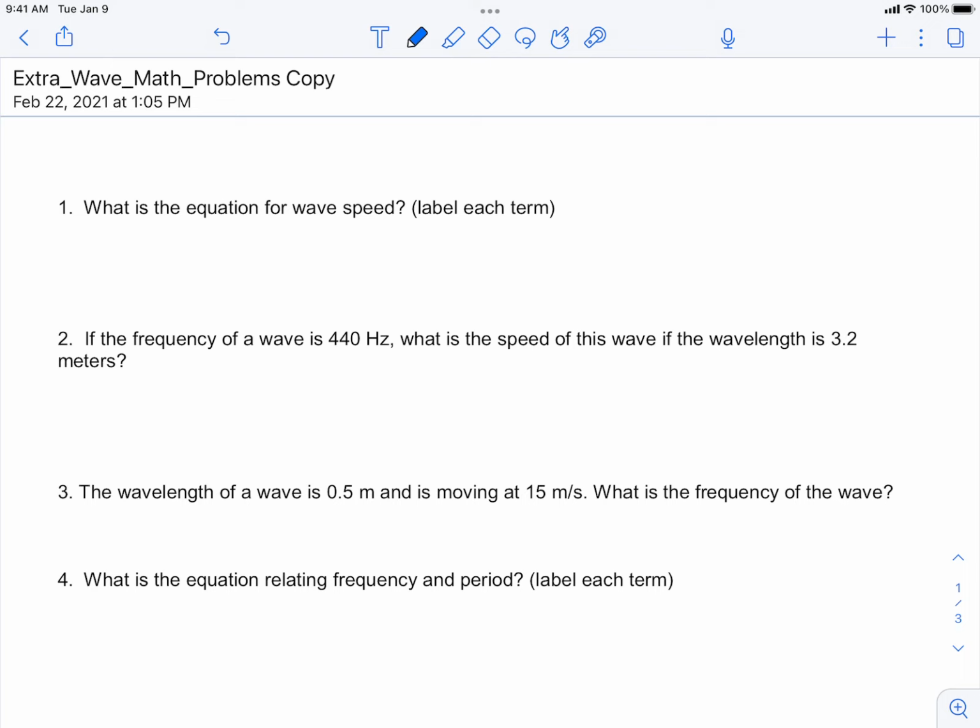The equation for wave speed is velocity equals frequency times wavelength, or wavelength times frequency. Remember the triangle: velocity equals wavelength times frequency, okay? So for example, to find the speed of the wave in this problem, it says the frequency of a wave is 440 and we want to know the speed if the wavelength is 3.2 meters.